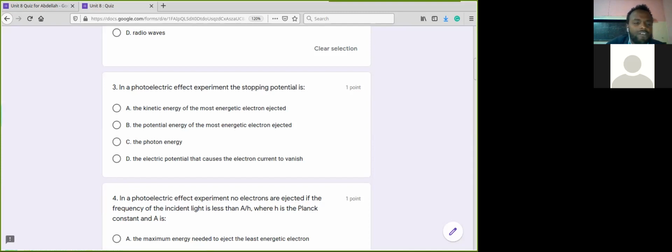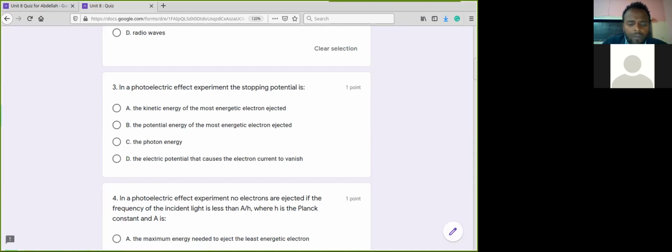Do you remember the graph? Current versus the intensity of ultraviolet radiation from your textbook. You can check. Yes. Have you got the plot? So from that plot, what does the stopping potential mean? Okay.